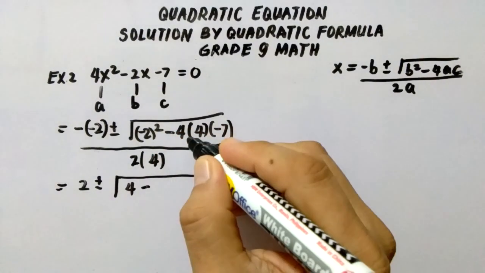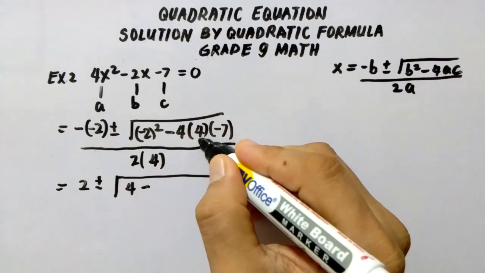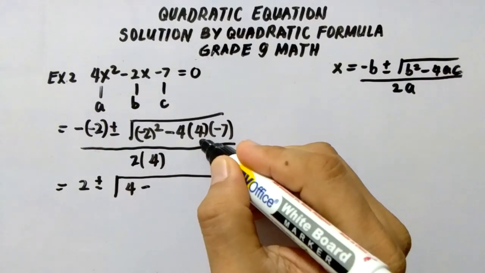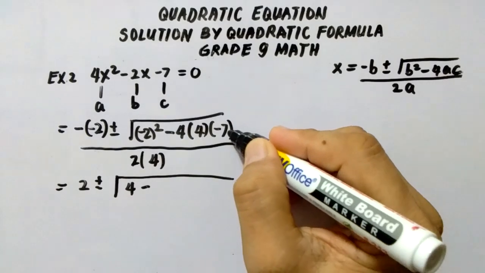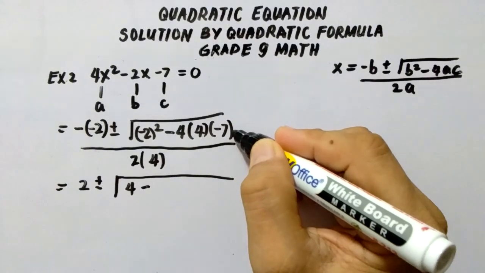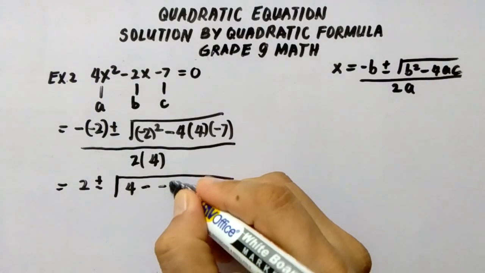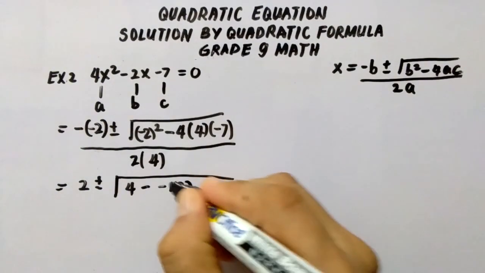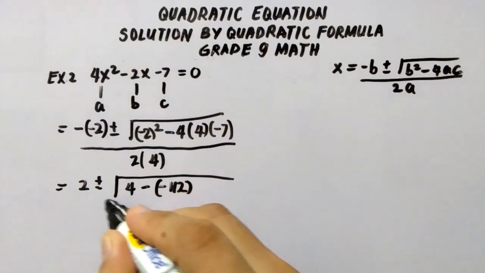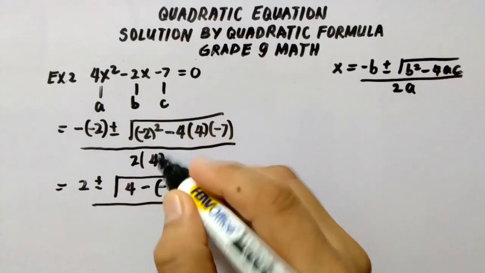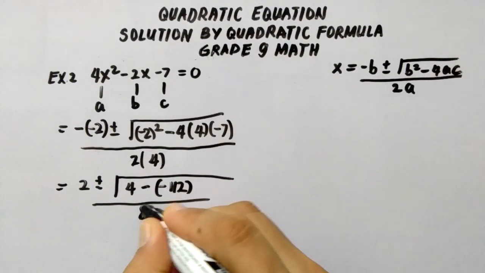Then, copy the minus sign. So, 4 times 4, we have 16 times negative 7. So, we have 112. Okay, so negative 112. Over, so 2 times 4, that is 8.